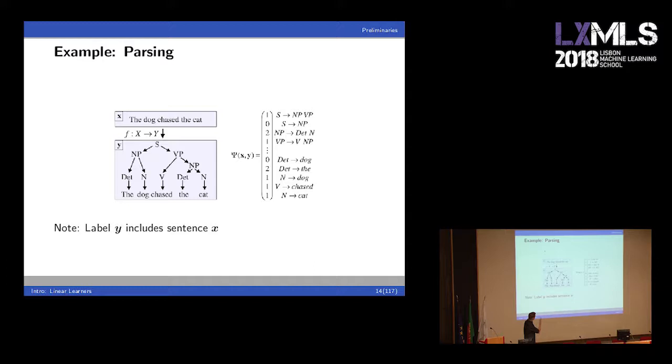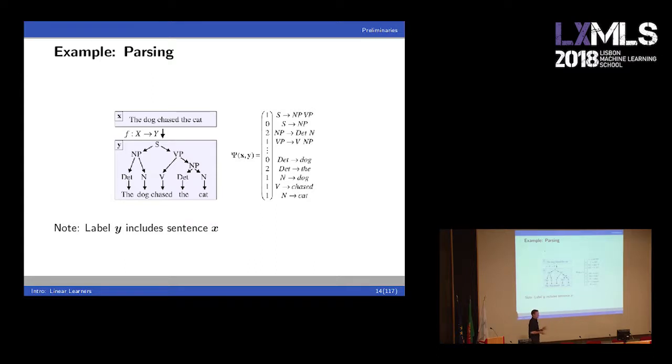All right, so last example, parsing. In parsing, the label Y consists of a whole tree, and the input consists of a sentence. And the feature vector, if you have a context-free tree parse, consists, for example, of the rules that make up the tree. And the label includes the sentence as well.